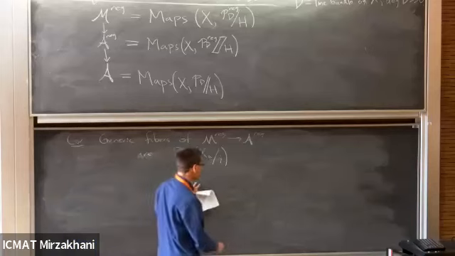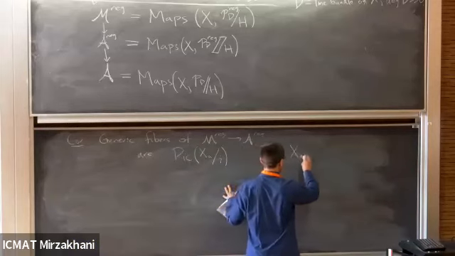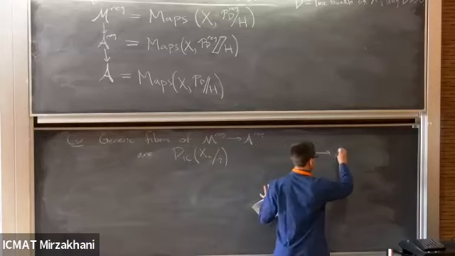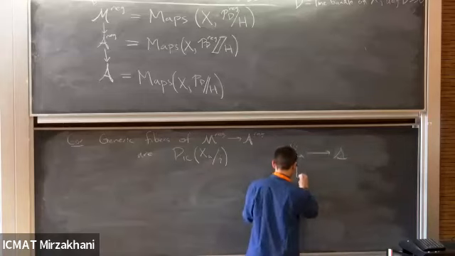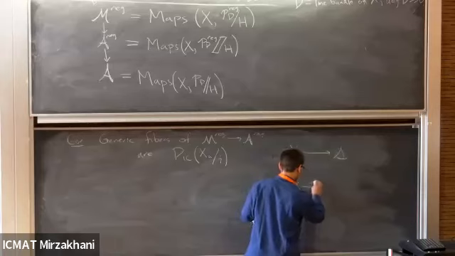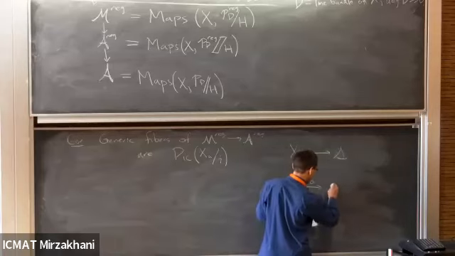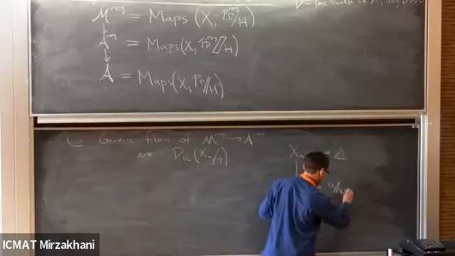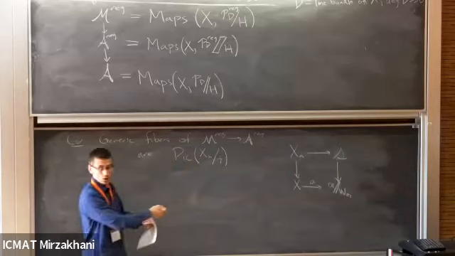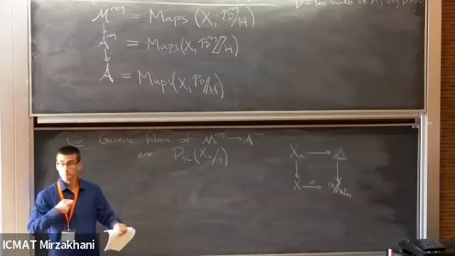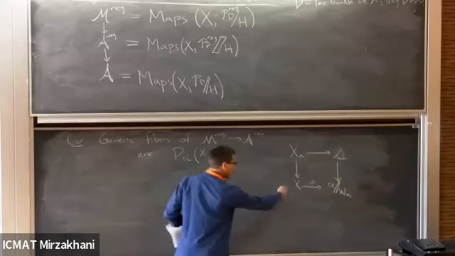To explain what this means, this X_A is going to be a base change of the image down here. I have some point A in my Hitchin base, and I pull back the spectral cover over A mod W_A, and I get some spectral curve X_A.